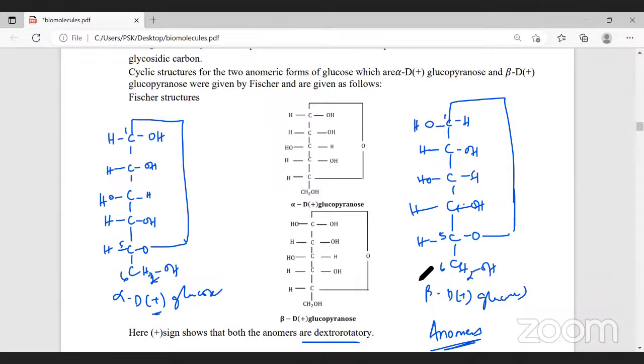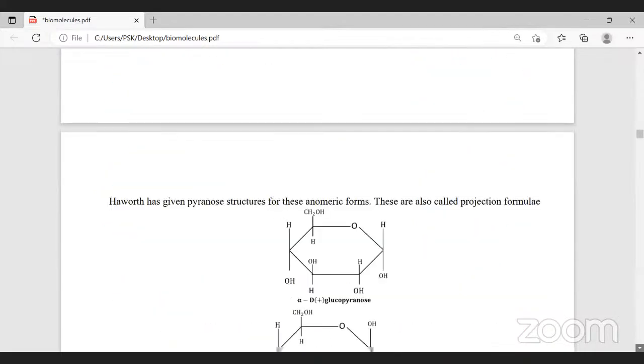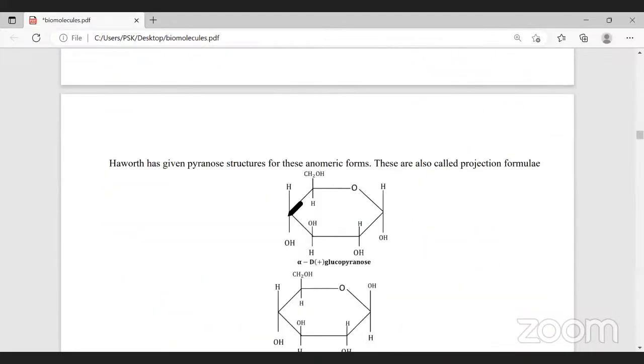Now, coming to the Haworth structure. What is the Haworth structure of glucose? This Haworth structure is also called a ring structure. In the case of the Haworth structure of glucose, we call it a pyranose ring structure.